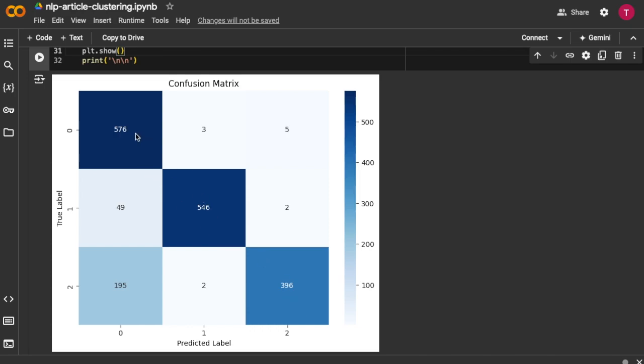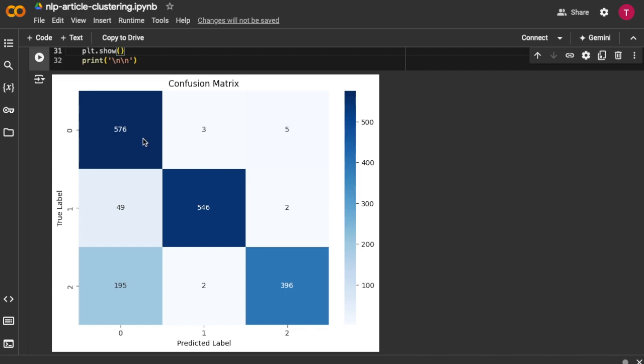So for the most part, this is a decent confusion matrix. We see some outliers where we have some incorrect predictions, and the most incorrectly predicted were articles from the second category that were incorrectly predicted as belonging to the 0th category, the first category.